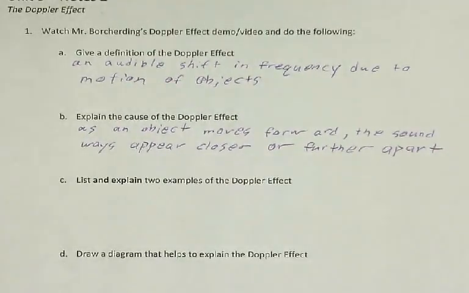So as it moves forward, it appears closer together, and as it moves away, it appears further apart. So as the objects move, the frequency appears different, so it actually is heard different. It's not making a different frequency, but because the waves are getting closer together, it is heard as a different frequency. They're happening more often than you would expect.